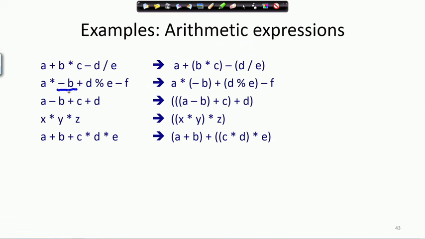The compiler will generate the code in a way that it will be treated as this: a times, first minus b will be done, as it is the highest precedence. So, this will be done, then multiplication between these two will be done.